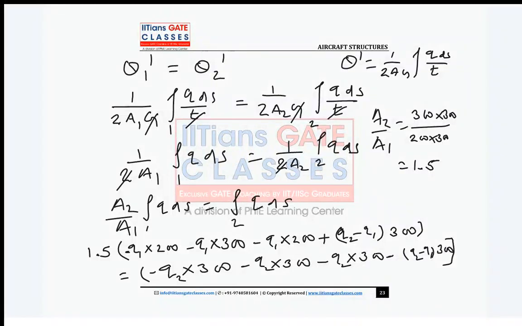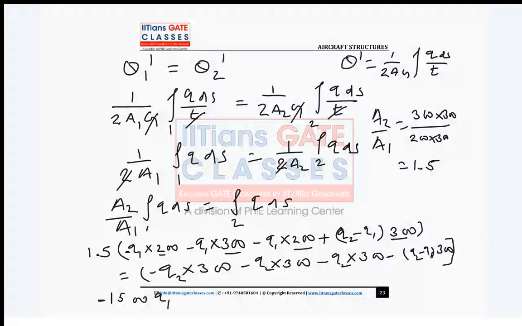So what we see, if you simplify, it is 200 plus 300, 500 plus 200, 700 plus 300. So I will get minus 1500 Q1.